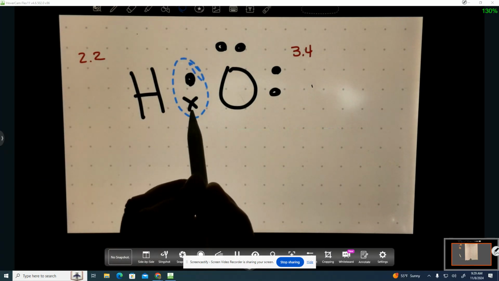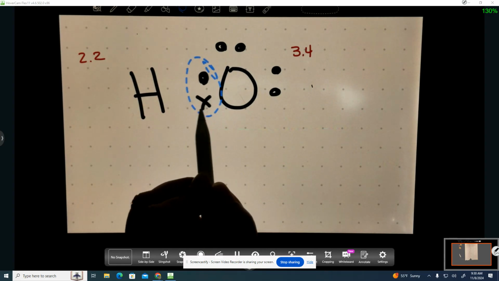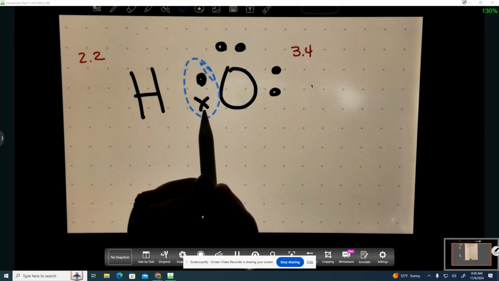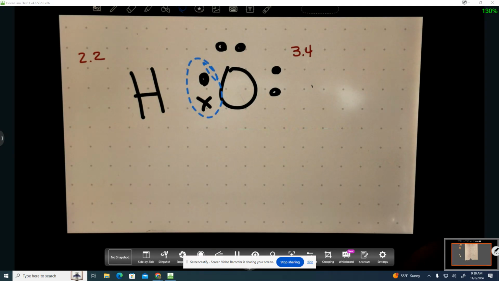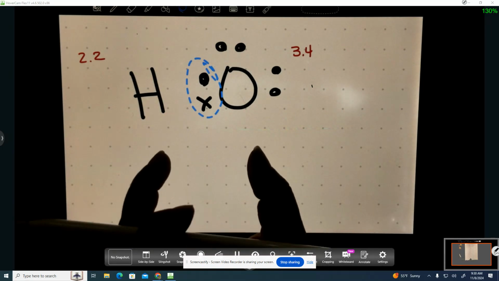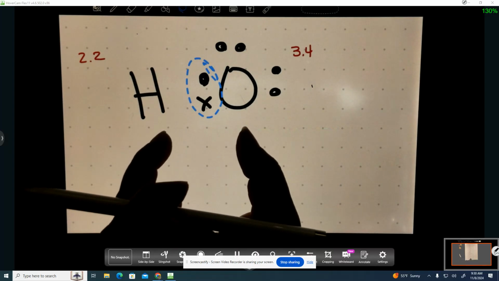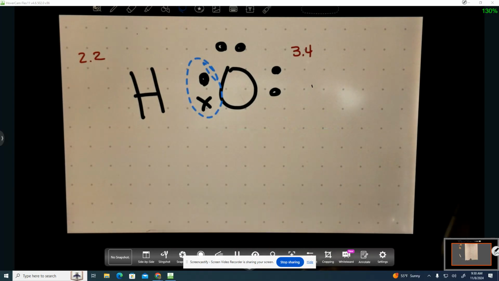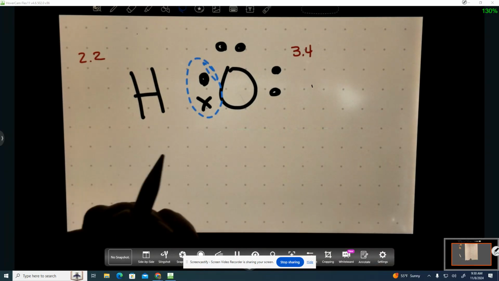Because of that, these electrons are not right smack in the middle. They are closer to the oxygen than they are to the hydrogen. Which means that the electrons are not being shared equally. They are being shared unequally. Because of that, the oxygen is slightly negative compared to the hydrogen.